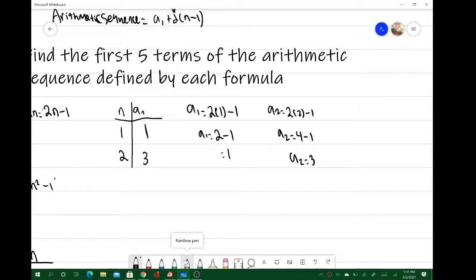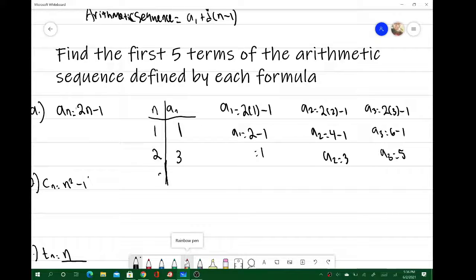And then a sub 3 would be 2 times 3 minus 1, which is 6 minus 1, which is equal to 5, right? So you would do 3, 5.